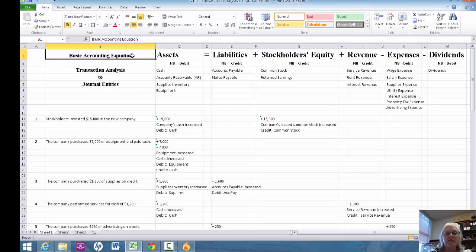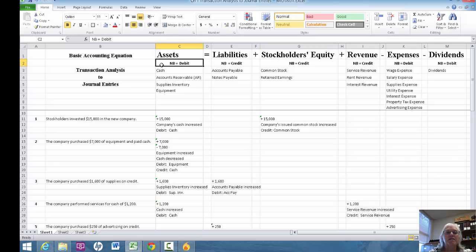The basic accounting equation is assets equals liabilities plus stockholders' equity plus revenue minus expenses minus dividends, because if you remember, the revenue, expenses, and dividends all flow in and become a part of the retained earnings that is in stockholders' equity. Okay, so that's an important concept that everybody needs to get.